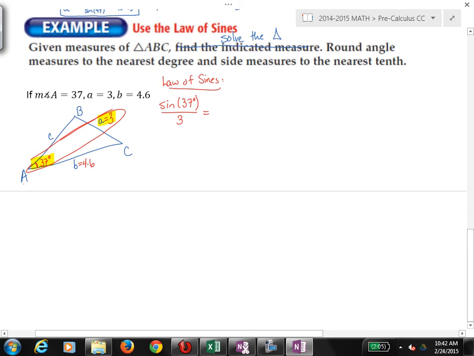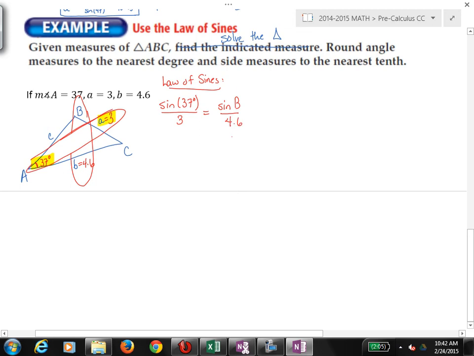Do we have a choice here? Can I solve angle C or side C? Right, we don't have any information on C, so we don't have a choice. We have to choose this one, and we have to set it up. Sine of the angle. Do I know what the angle is? So I have to put the variable B over its opposing side.